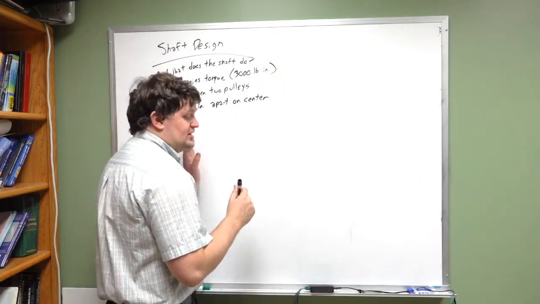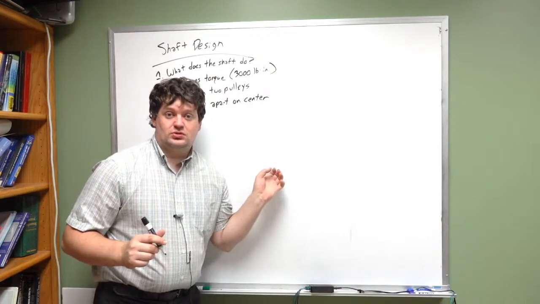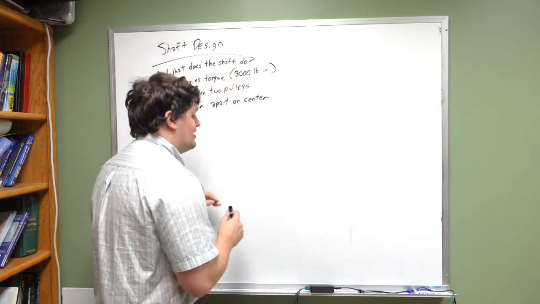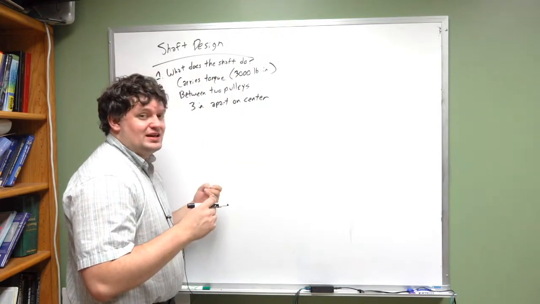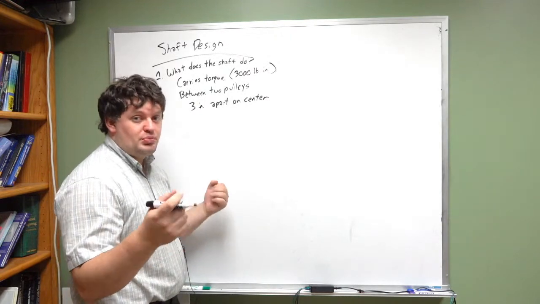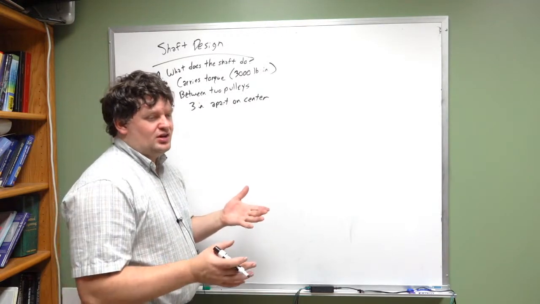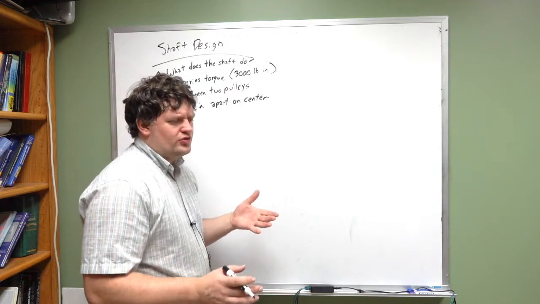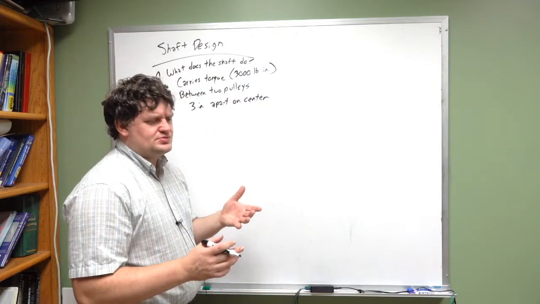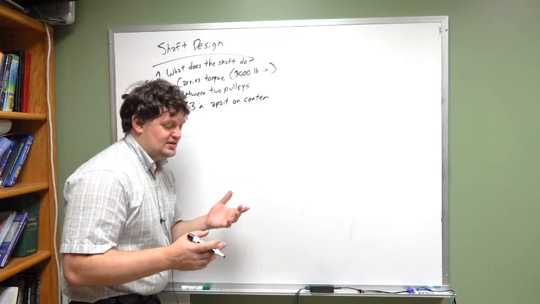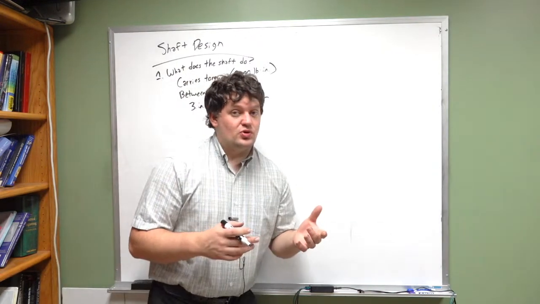So here's what we need it to do. Now in best practice, you generally only have 2 bearings for an entire shaft. We talked a little bit about over-constraining or under-constraining systems. The issue with having more than 2 bearings on a shaft is that it does tend to be much more over-constrained.